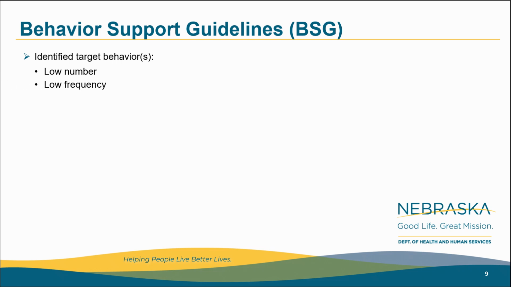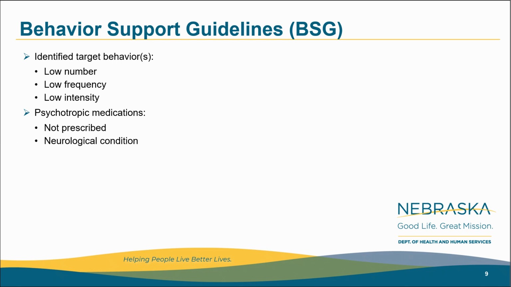Low in frequency, that is, the behaviors do not occur very often during each reporting period. Low in intensity, that is, the behavior of concern usually causes minimal risk to individual, others, and/or property. And for individuals supported with a BSG, we may see that psychotropic medications aren't prescribed at all, may be prescribed to treat a neurological condition such as a seizure or neurocognitive disorder, or may be prescribed for a psychiatric condition that requires a stable level of psychotropic medication.